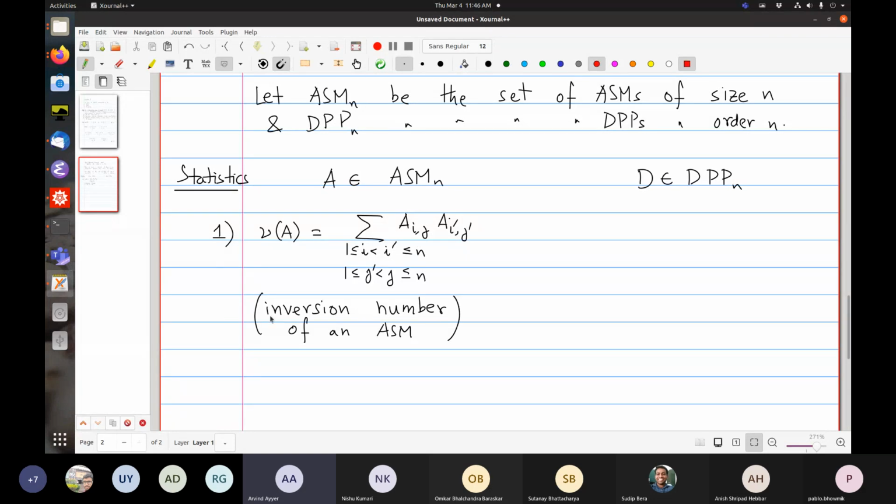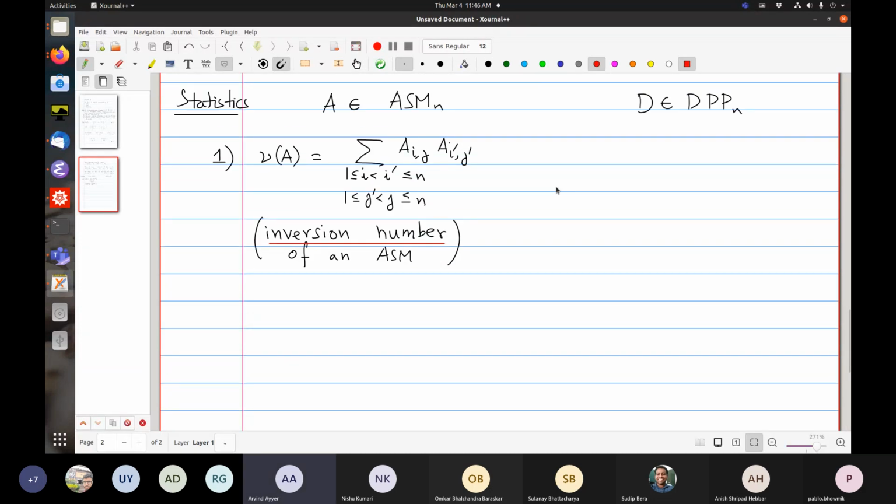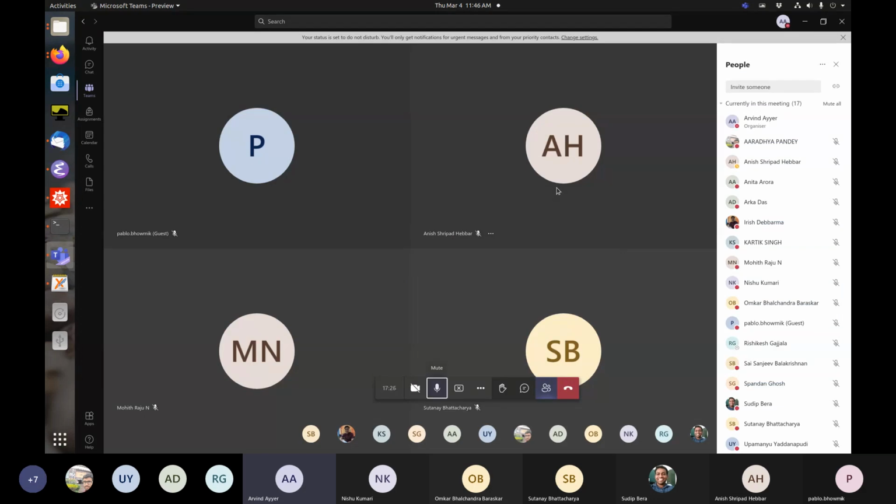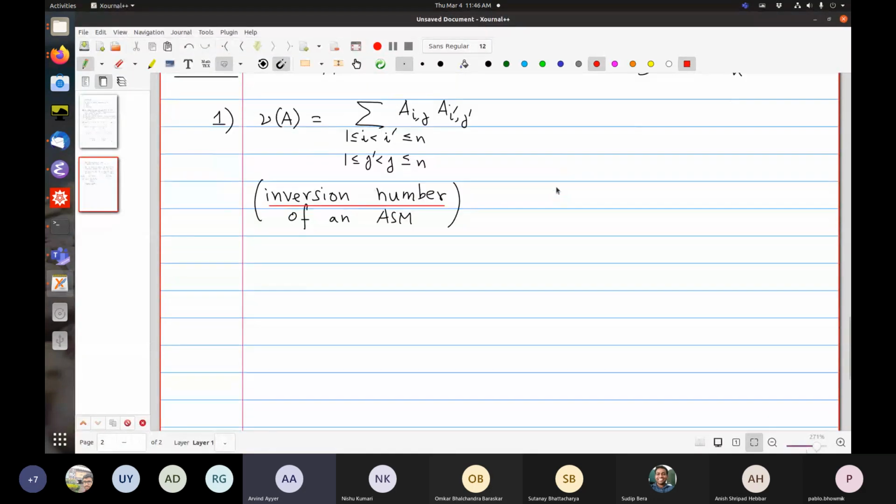So let me motivate that. You know what inversions of a permutation are. Does anybody not know what the inversion number of a permutation is?